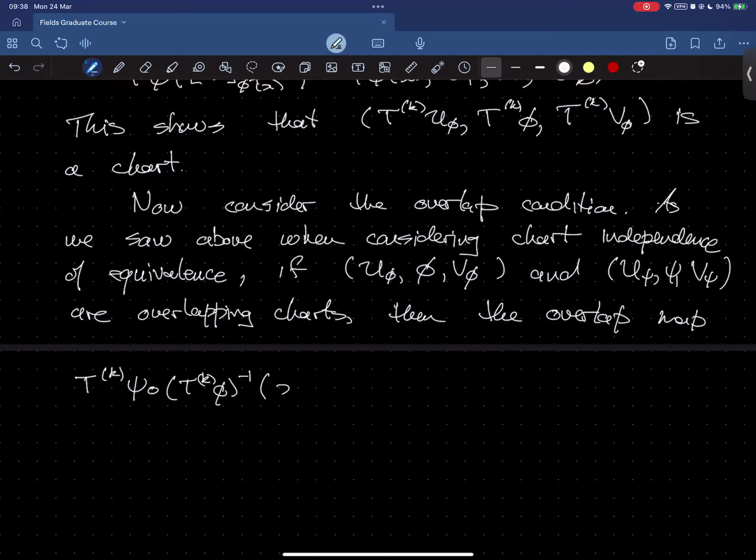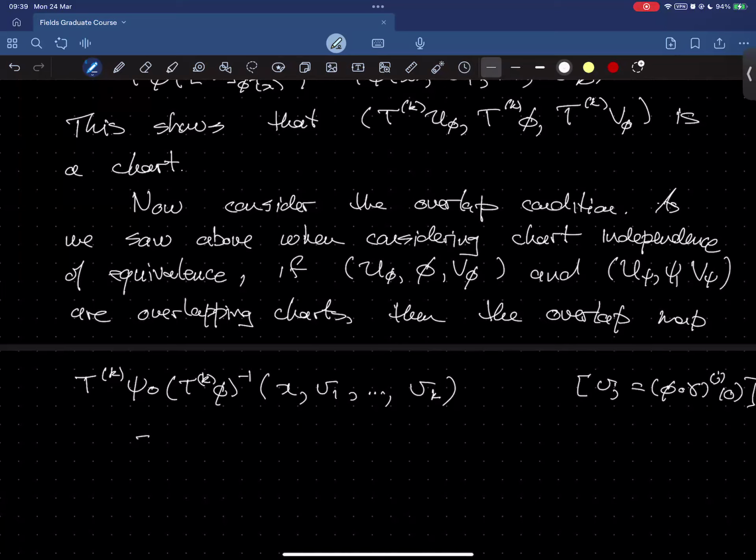Okay, so that's going to take a point which looks like (x, v1, up to vk). And what's it going to do? Each vj is the image of some curve, so it's going to be phi composed with gamma_j at 0.